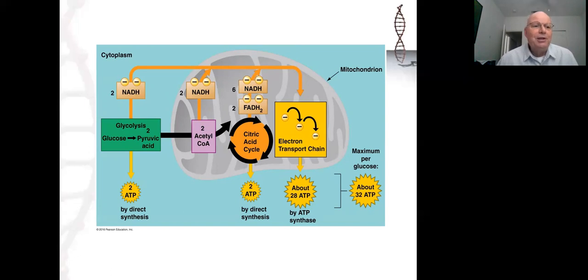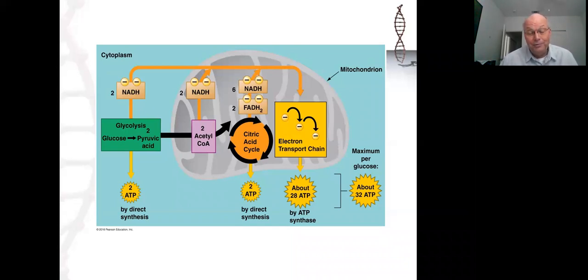We get some NADH out of glycolysis as well, 2 of those, and the electrons can be passed into the mitochondria, so they can contribute to the electron transport chain activity and the buildup of the hydrogen ion gradient. When we convert the pyruvic acid to the acetyl-CoA, we again make a couple more NADHs, because every carbon dioxide that is lost from a pyruvate allows for the reduction of an NAD plus to NADH.